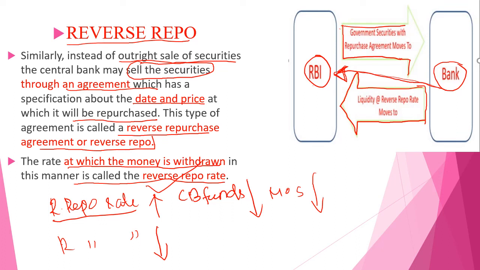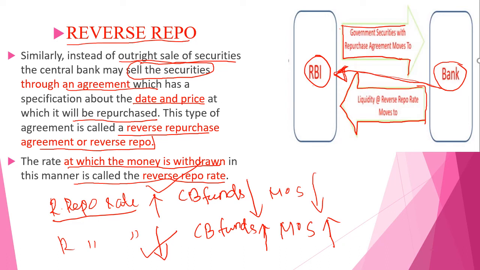Then commercial bank funds increase, and there will be more funds for giving loans. That means more borrowers, and more money supply in the market. That is why, simply, you can say when reverse repo rate increases, money supply decreases. Reverse repo rate decreases, money supply increases.